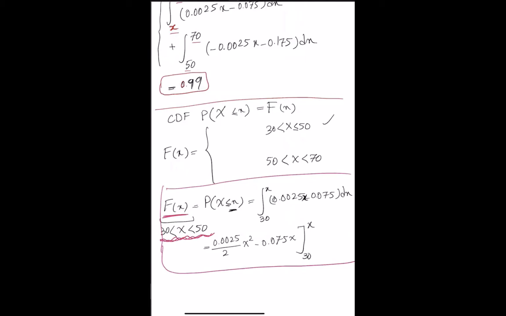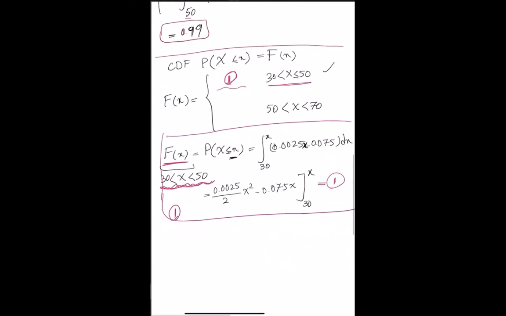I'm going to call whatever comes out function 1. So we are going to write that here. For the time that x is between 30 to 50, this is going to be my cumulative distribution function.